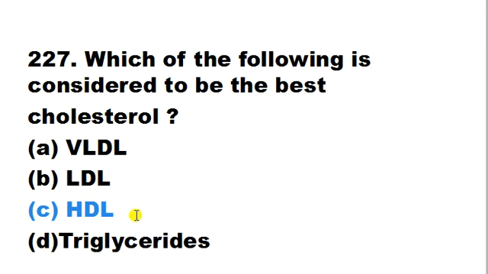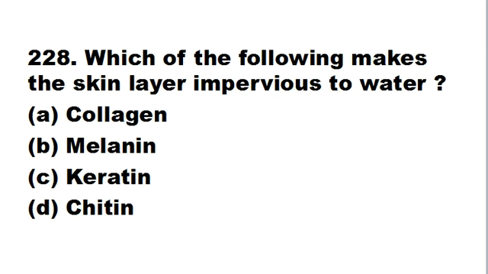Which of the following makes the skin layer impervious to water? A. Collagen, B. Melanin, C. Keratin, D. Chitin. Its correct answer is C. That means keratin is a protein which is found in the outer layer of our skin, and it makes the skin layer impervious to water.